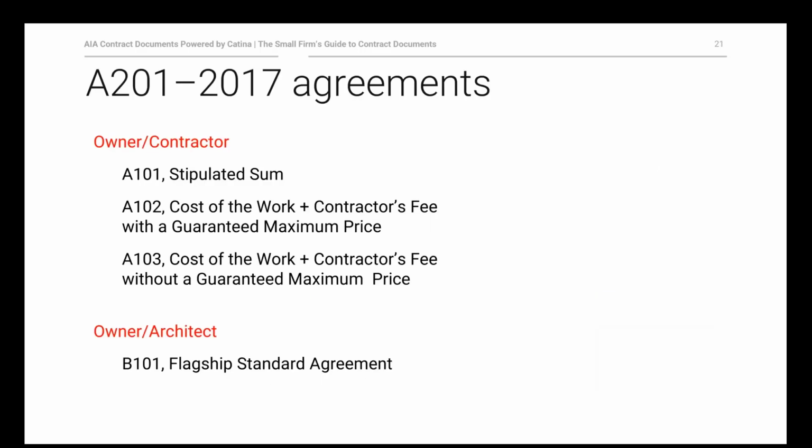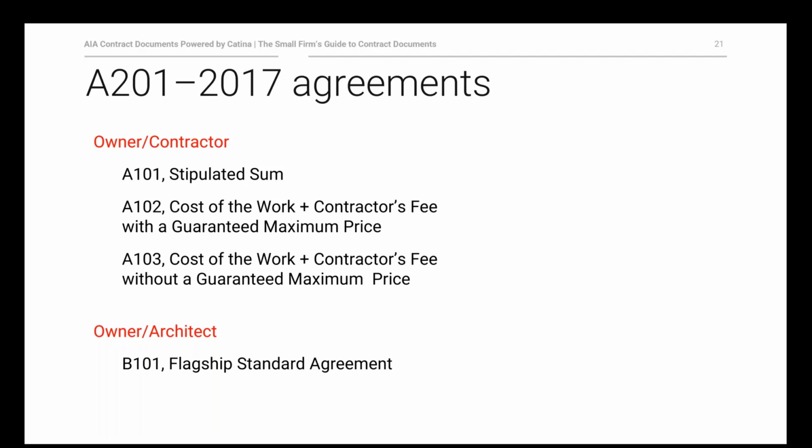So in 2017, we last updated the A201 or conventional family. This is a listing of, at the beginning, the owner contractor agreements that are part of that and how they're different. So you can see the A101 is premised on the fact that the contractor will be paid a stipulated sum to construct the project, whereas the A102 is premised on the fact that the contractor will be paid based on the cost of the work plus a fee, but that there's going to be a guaranteed maximum price that the owner can hold the contractor to.